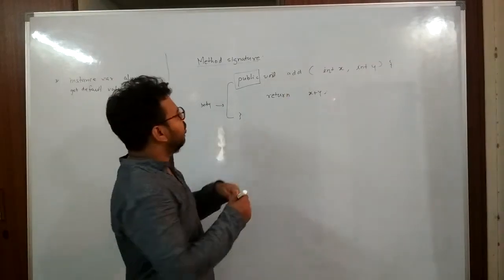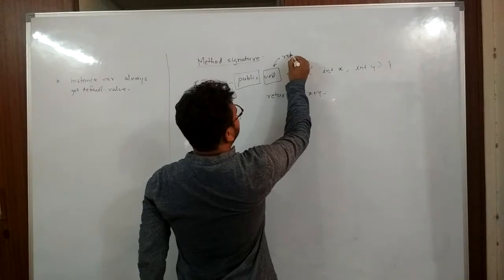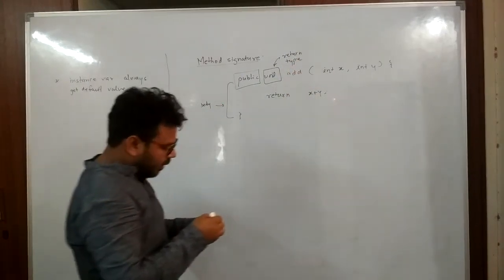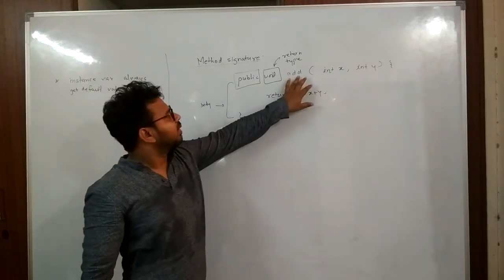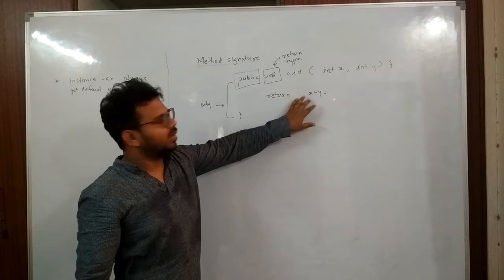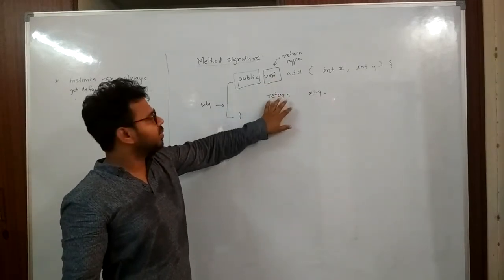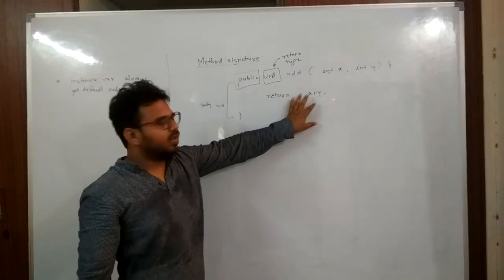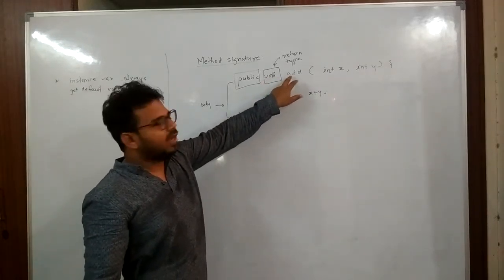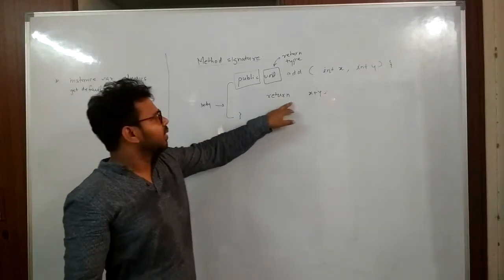Now this void is the return type. The return type means what this method returns. I have written return x plus y here, and this is wrong, because I have written void and the method is returning x plus y.